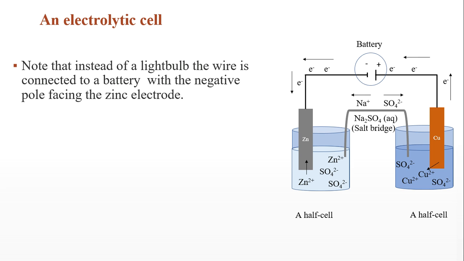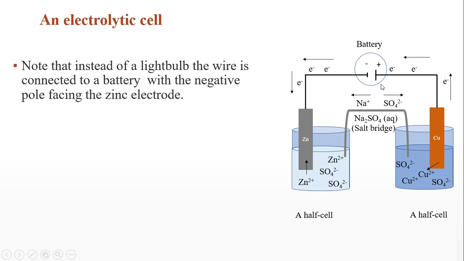So here is a schematic of an electrolytic cell that looks very similar to the voltaic zinc copper cell that we looked at before, what's also called Daniell's cell. In the previous video, when we had a simple battery, there was a light bulb up here, which a current passed through.